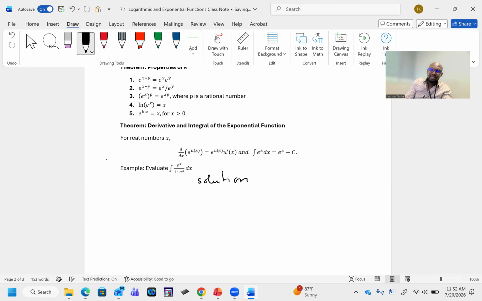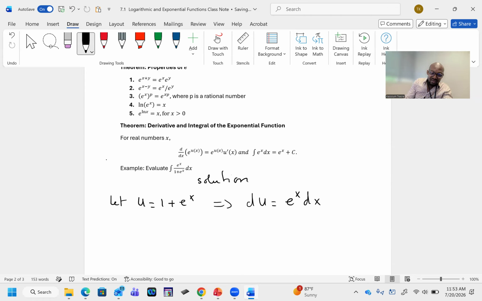so I would say, because I cannot break this one down, let u be equal to 1 plus e to the power of x. Then that means my du will be what? E to the power of x dx, right?